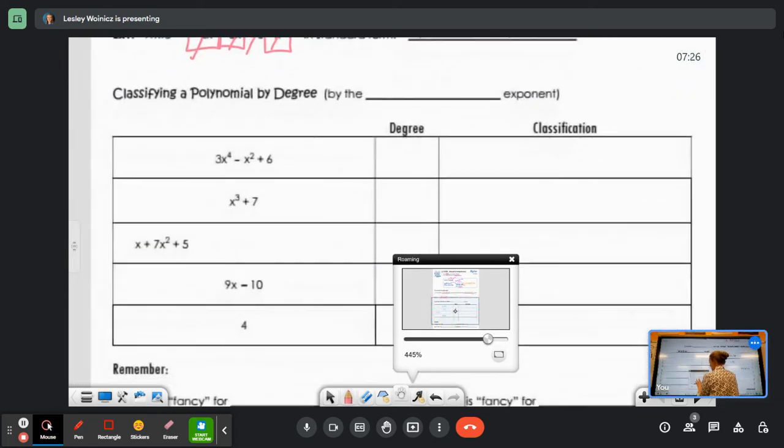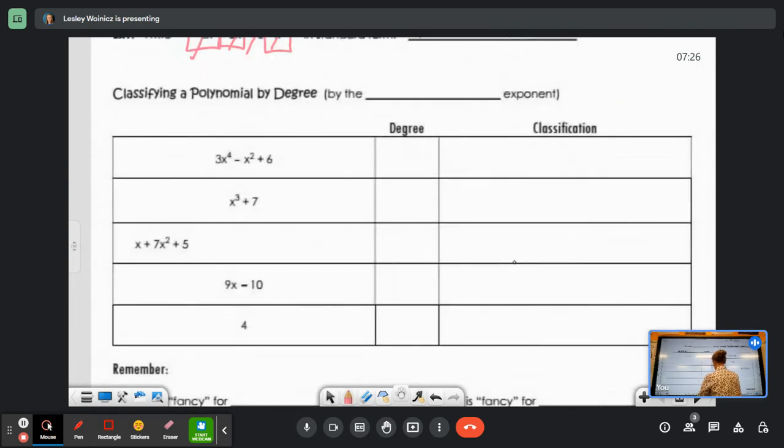Now we're going to classify polynomials by degree. Now, I told you I would tell you what degree was in a minute, and that minute has arrived. Degree is going to be your biggest exponent. So if I look at my first polynomial, my biggest exponent is this 4.